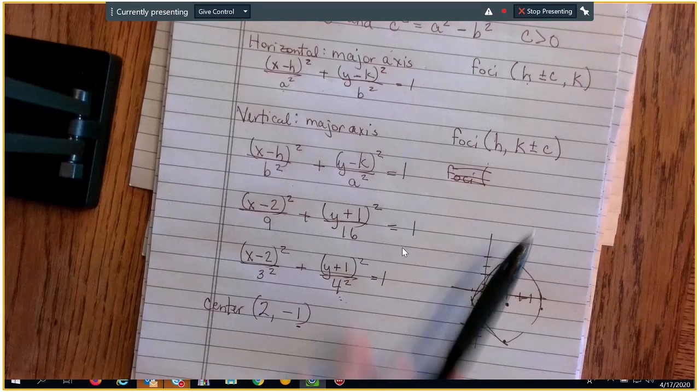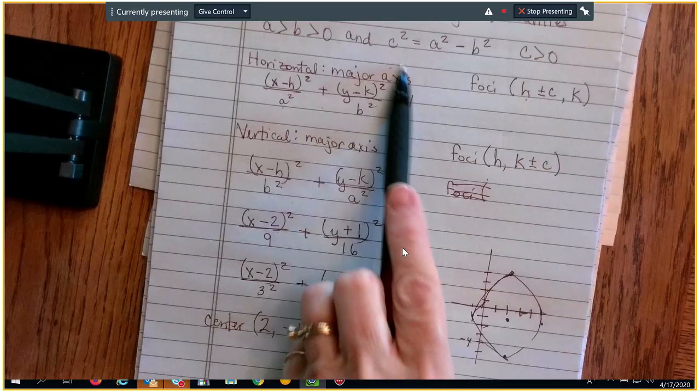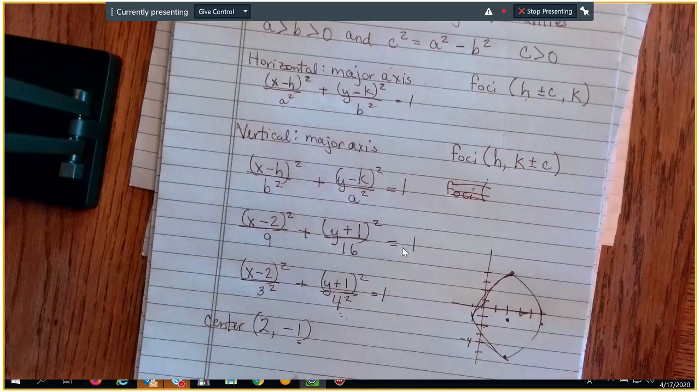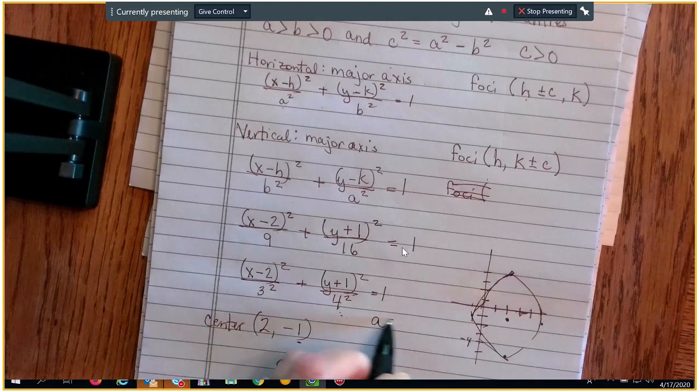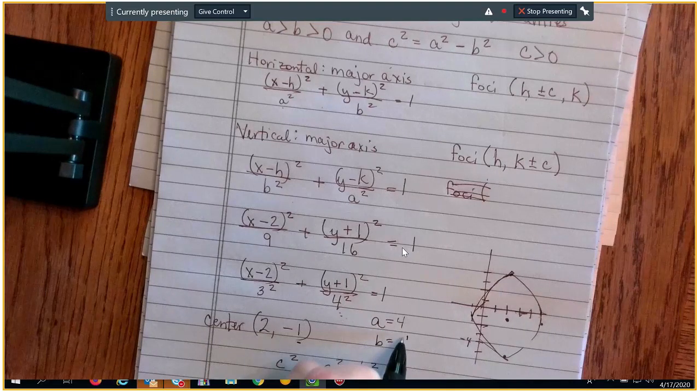One thing we have not found are the foci. So I could say that c squared is equal to a squared minus b squared. We know that a is going to equal 4, b is going to equal 3.